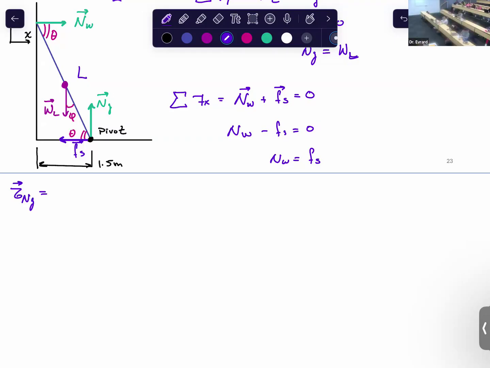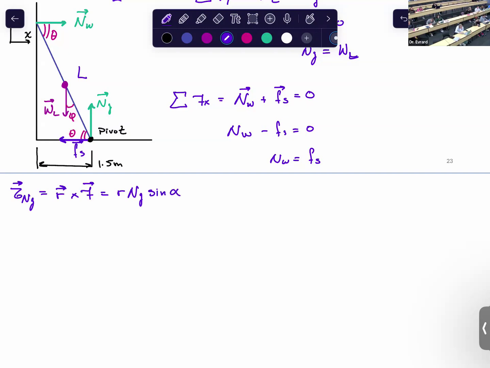Torque equals R times the normal force to the ground, times the sine of some angle alpha between that normal force and the ground. Why is that the case? It's at the pivot point, so R is 0. So you can model torques at the pivot point, but they're all going to come out to be 0.